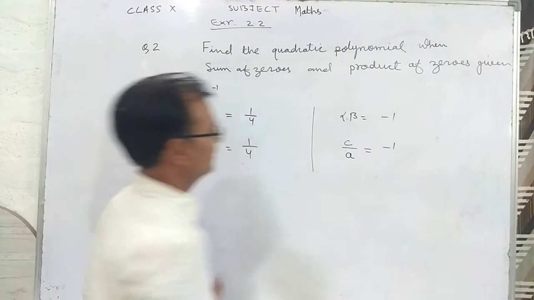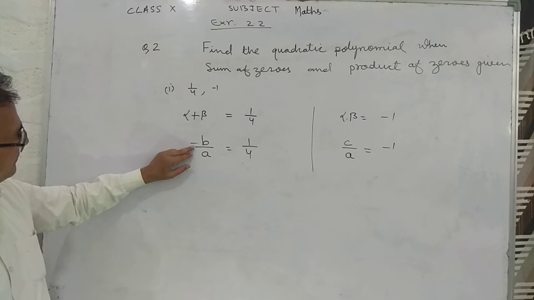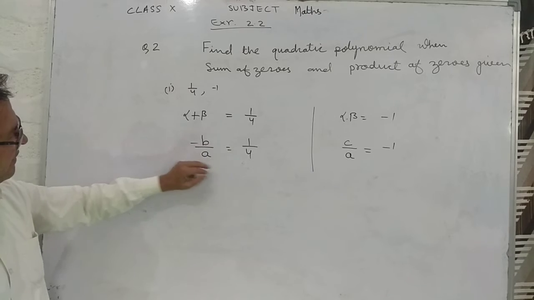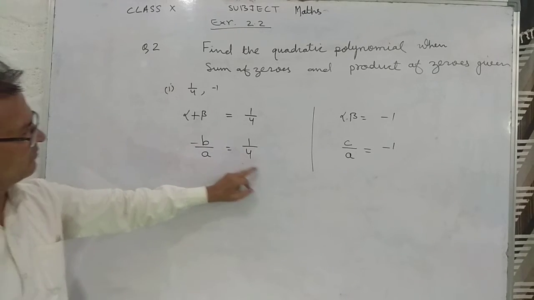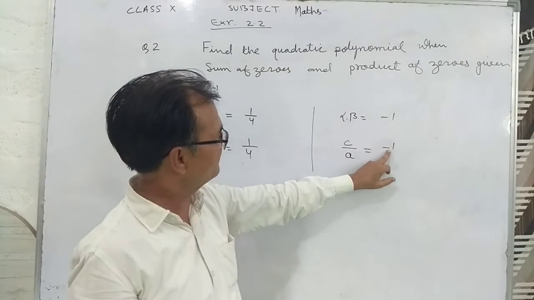This is minus 1. Minus b upon a is 1 upon 4, and c upon a is minus 1.